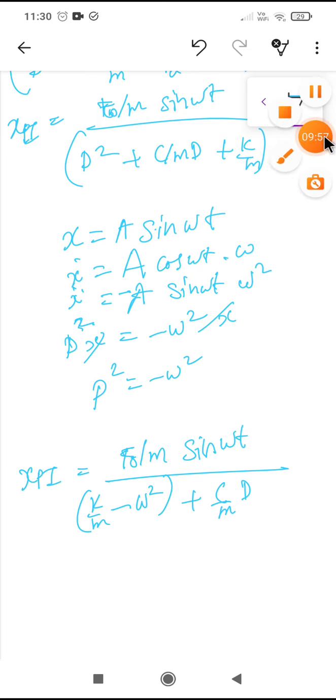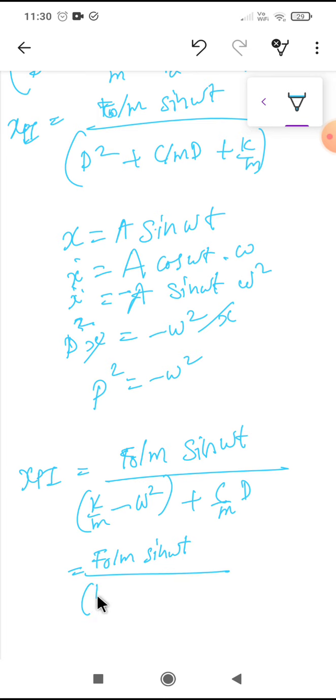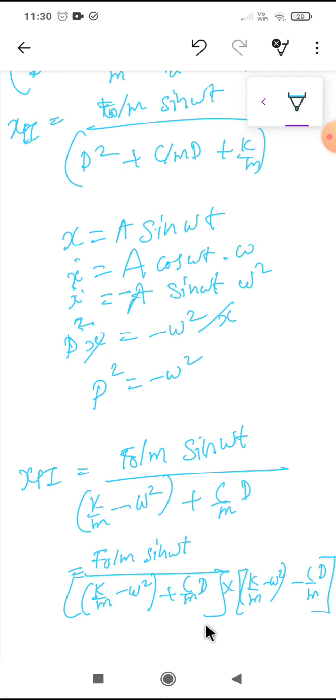If I multiply the denominator with the conjugate, I can replace the D. So it is F0 by m sine omega t divided by k by m minus omega square plus c by m D, into k by m minus omega square minus c by m into D. So this is (a plus b)(a minus b).